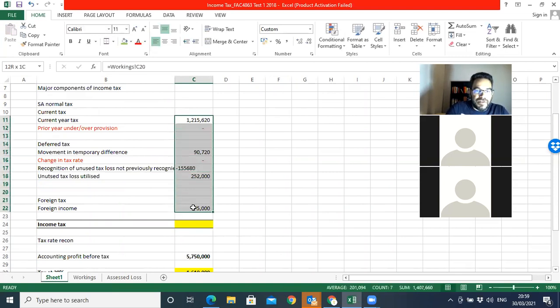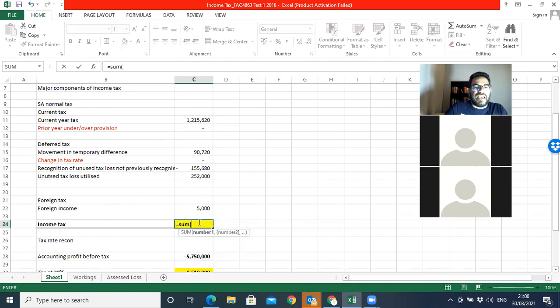So if I add up everything, when I add up everything, I should get to my income tax line item. Okay, so I'm just going to add up everything. You can see how they want to have subtotals and all of those kind of fancy things.